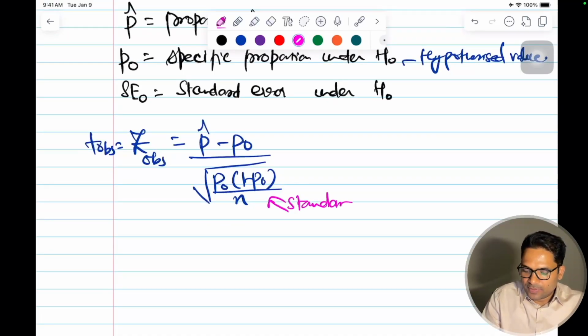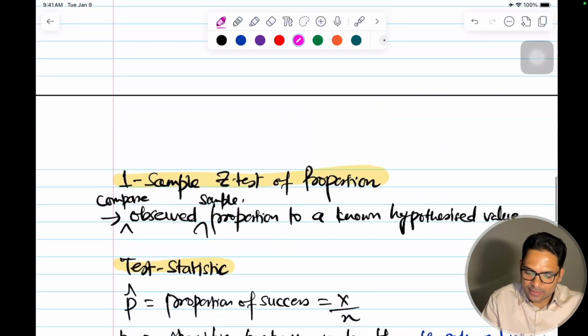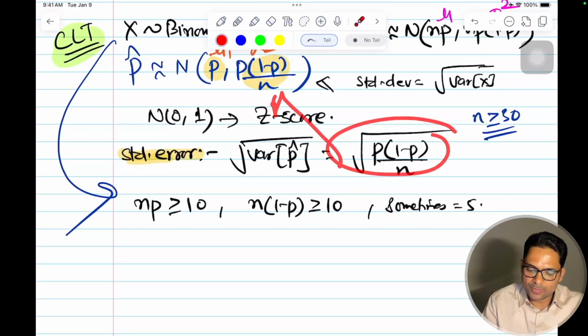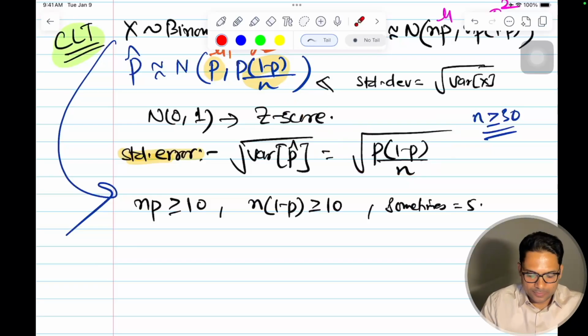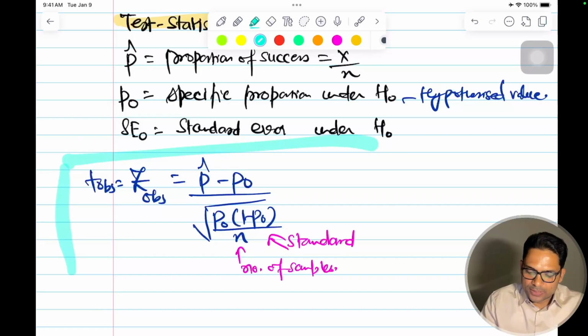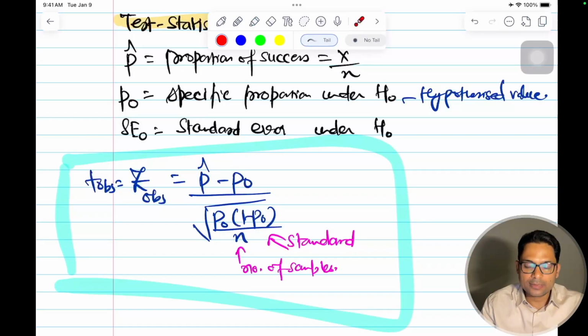Other terms we have defined. n is the number of samples. Standard error we have defined already: it is the square root of the variance, and this comes from the central limit theorem. This is your test statistic for the one sample z-test of proportion.